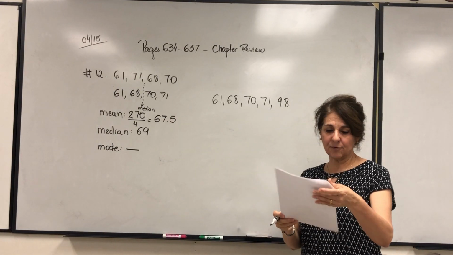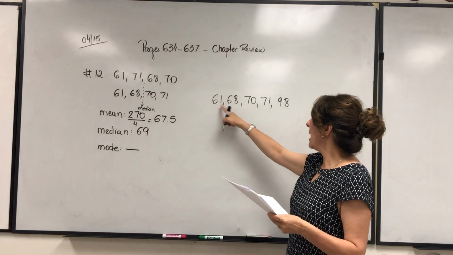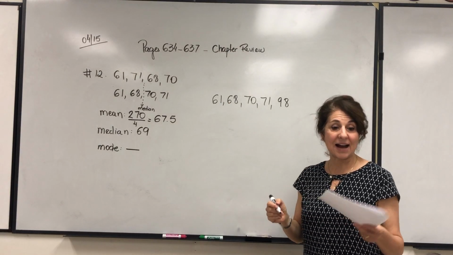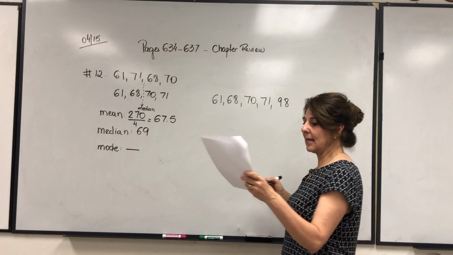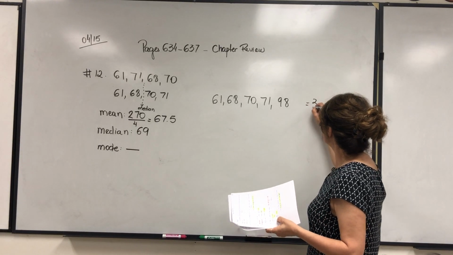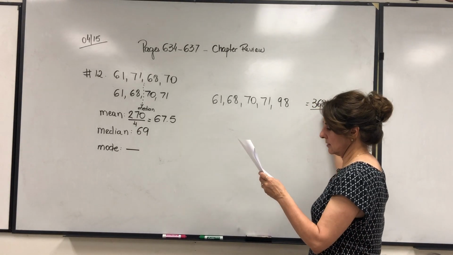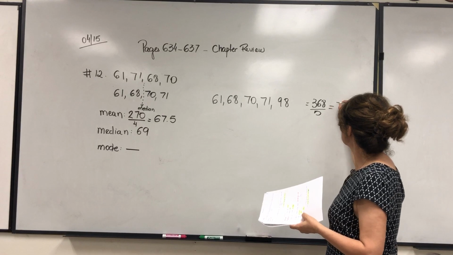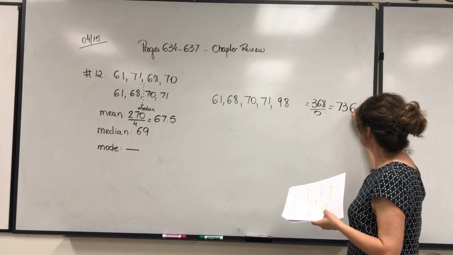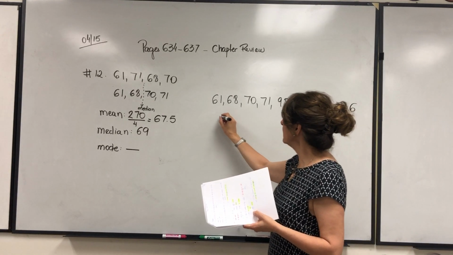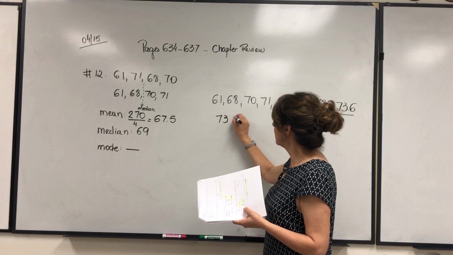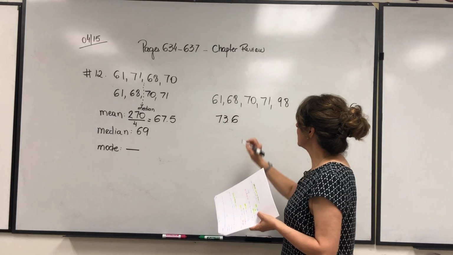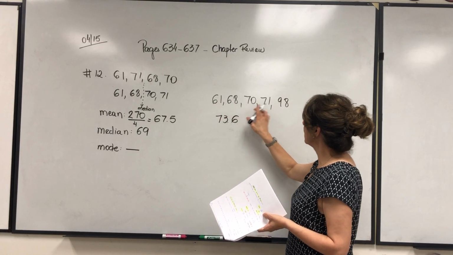So the mean for this information is what? Adding all these numbers and dividing by 5, I get 368 divided by 5, which is 73.6. So the mean is 73.6. The median. Now look, 1, 2, 3, 4, 5.